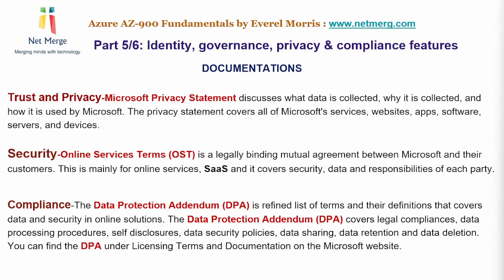So it will talk about the policies that Microsoft maintains. It will talk about sharing of your data, who they'll share it with, if any third party, data retention period, data deletion. You can find your Data Protection Addendum under your licensing terms and documentation on the Microsoft website.